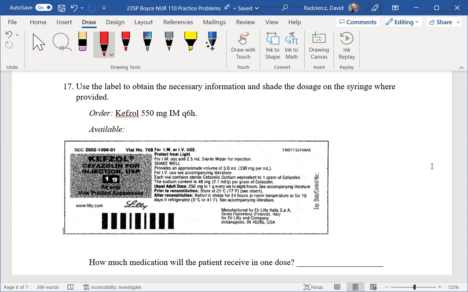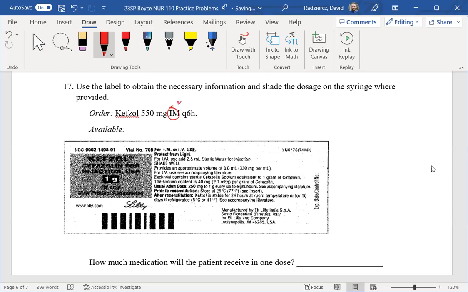If it's going to be a liquid, that means it's going to be milliliters. All right. So how do we know we're dealing with a reconstitution, especially if it doesn't tell you? A couple things to look for. We have an order of Kefzol, 550 milligrams, IM, every 6 hours. IM means intramuscular. If you know it's intramuscular, you know that's an injectable, and you can't inject tablets and capsules unless you're trying to inflict pain on somebody.